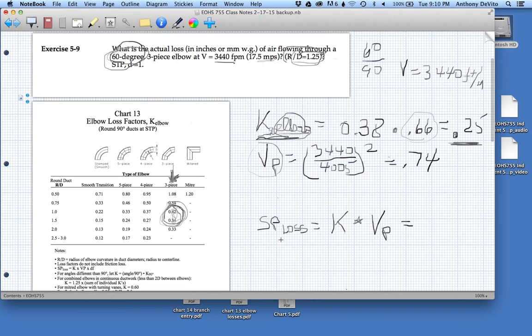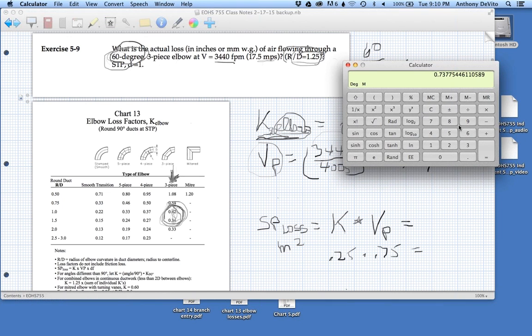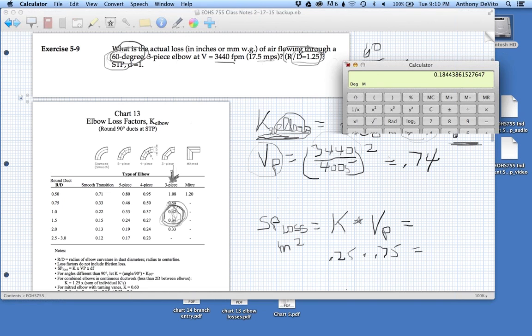So my static pressure loss in inches of water, remember, this is feet per minute, 4,005, this is all meant to be used with velocity in feet per minute, and the losses and the velocity pressure and the static pressure are going to be in inches of water. That's all built into that 4,005. So that's going to be equal to 0.25 times 0.74, which equals 0.18.